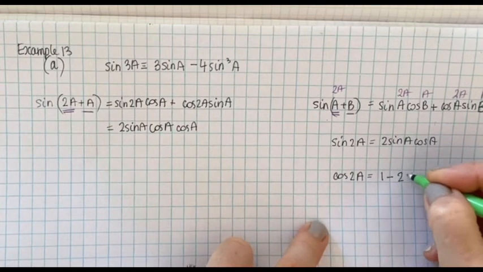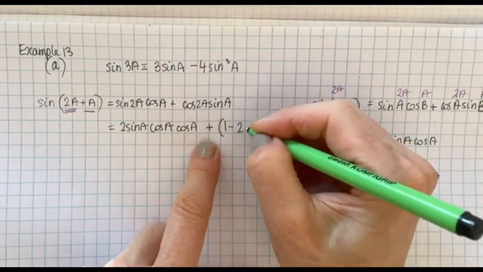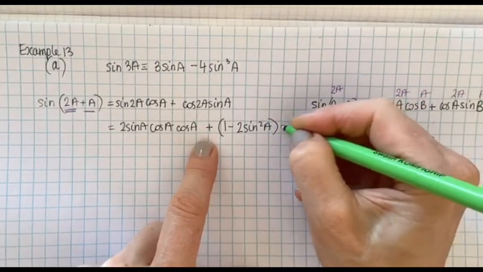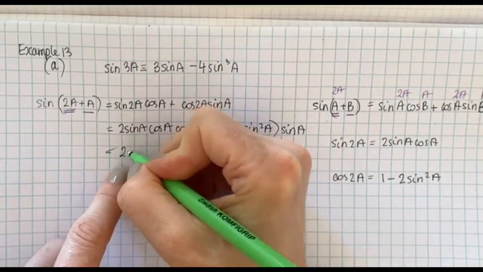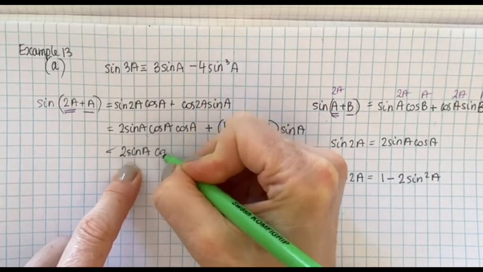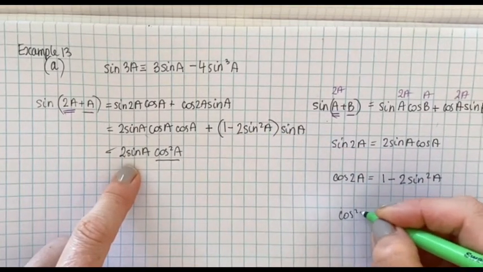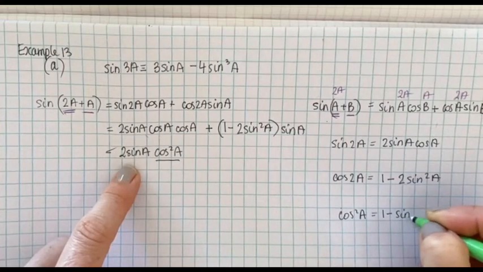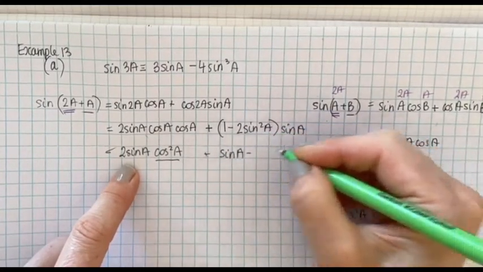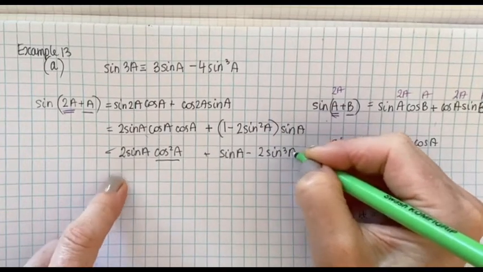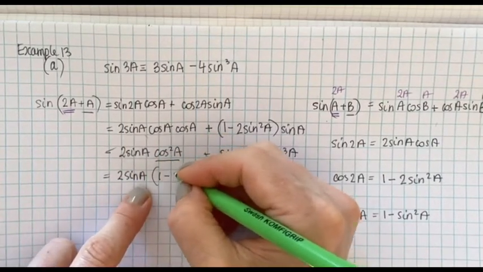So it's 1 minus 2 sine squared A. So you've got plus 1 minus 2 sine squared A multiplied by sine A. So here what we could do is write cos A times cos A as cos squared A. And that's good news, because cos squared A you'll be able to replace in the next line of working with 1 minus sine squared A. And then expand this to get 1 times sine A, so it's sine A minus 2 sine cubed A. Okay, so let's do 2 sine A, and the replacement for cos squared is 1 minus sine squared A.